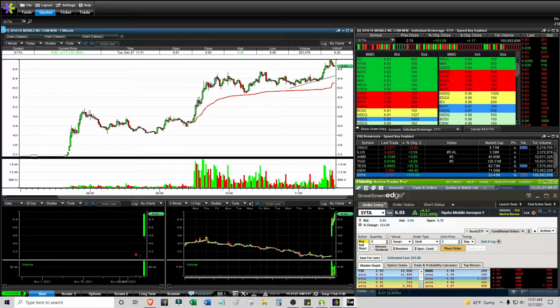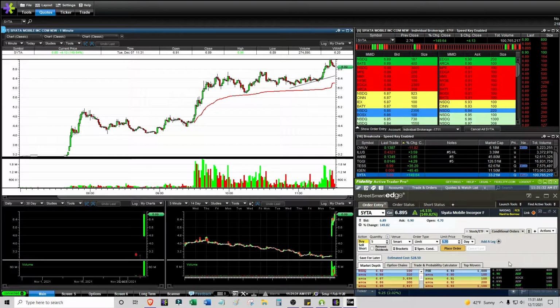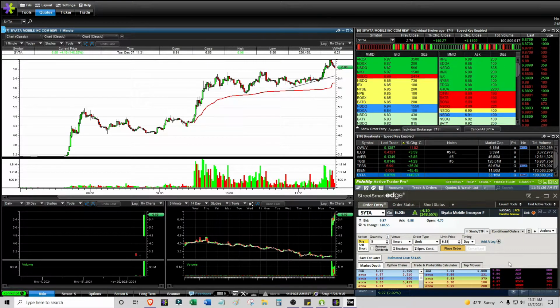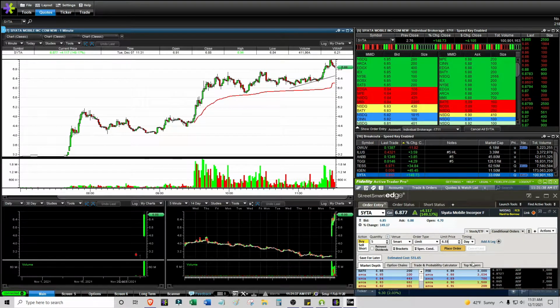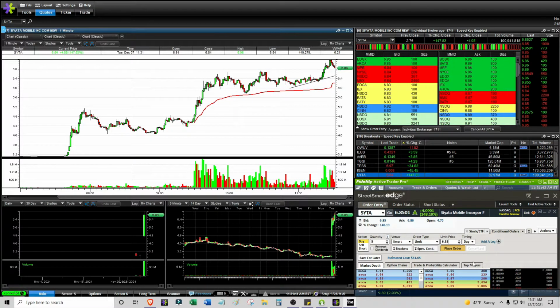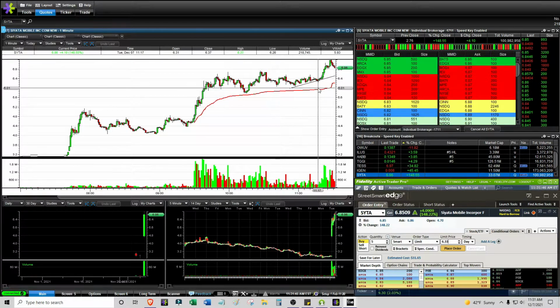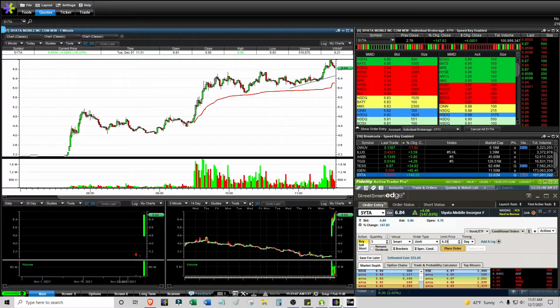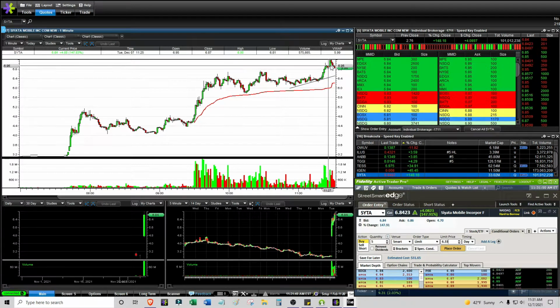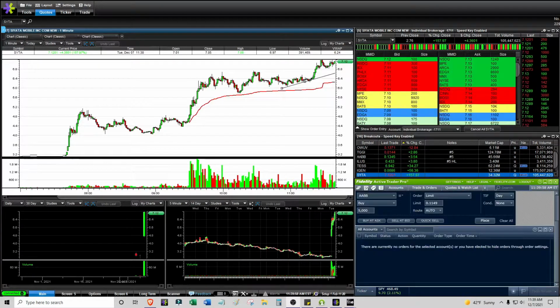So 570. Right, that's $28.50. 29, 30, 31, so $3 and then a little more than $3, pretty close to $4 if you ask me. And yeah, that was the idea there. If it were to have broken it, just a big red candle, I would have been protected. And that's it for right now. I'll make an update later.